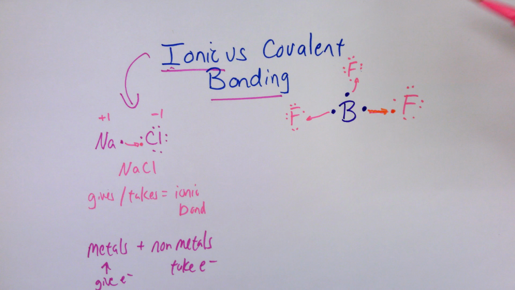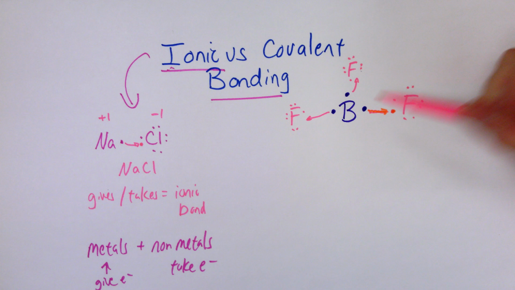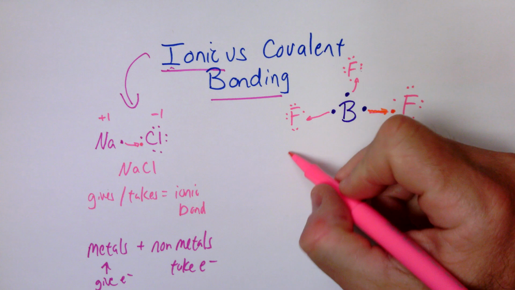And boron's like, okay, that's the best option that it has to satisfy the octet rule. So what we have here going on is a set of atoms that are now not giving and taking electrons. What they're doing is they are sharing electrons.